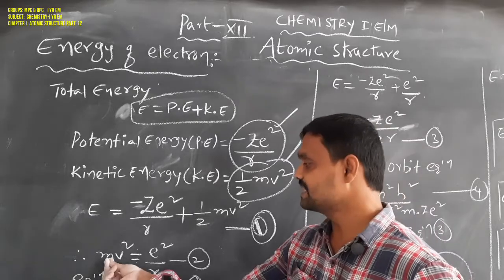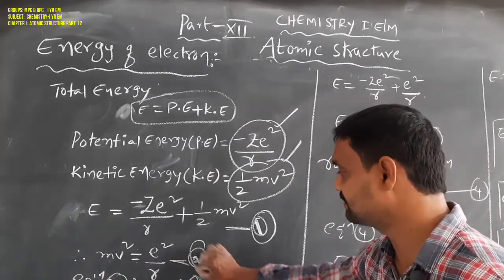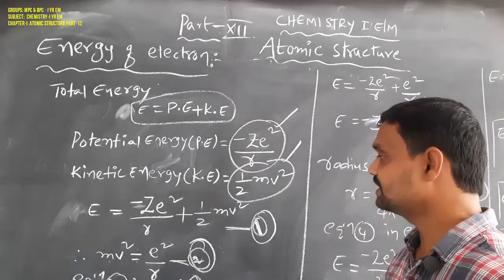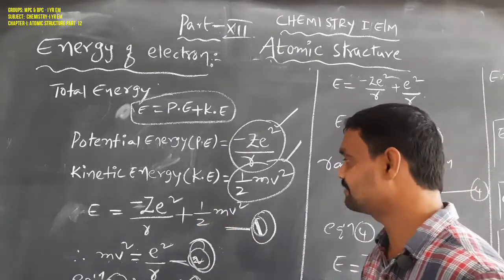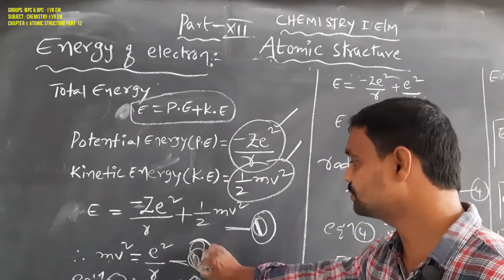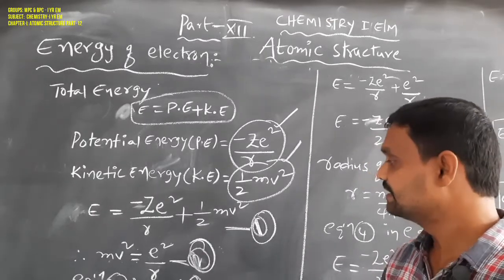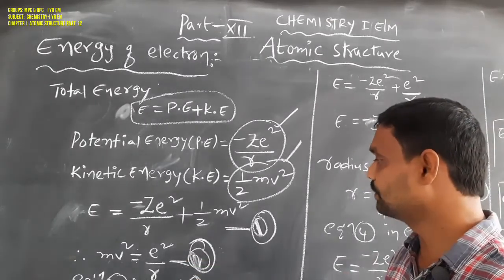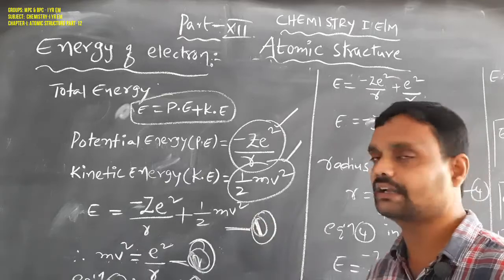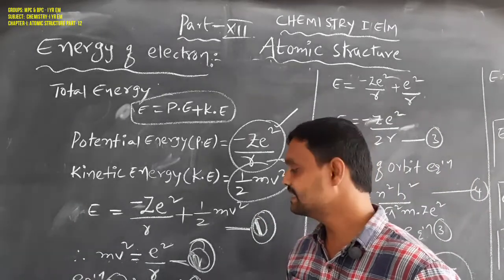So mv² is equal to e²/r. Let this be equation 2. In equation 1 the mv² value is present, and in equation 2 the mv² value is also present. That means equation 2 is substituted in equation 1.